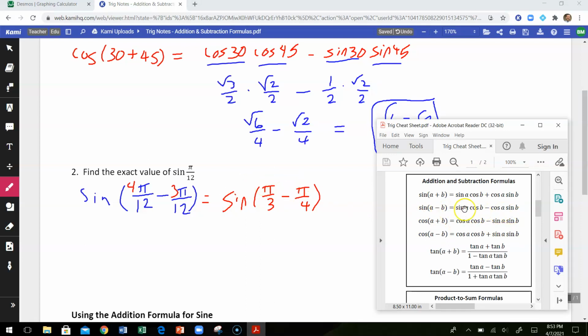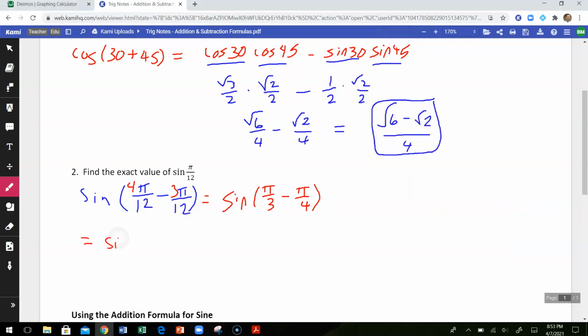So I'm going to use this pattern here, which says sine of the first thing, cosine of the second thing, minus, and then switch those. So we're going to do sine of pi over 3 times the cosine of pi over 4 minus, and then we're going to switch those, so we're going to do the cosine of pi over 3 times the sine of pi over 4.